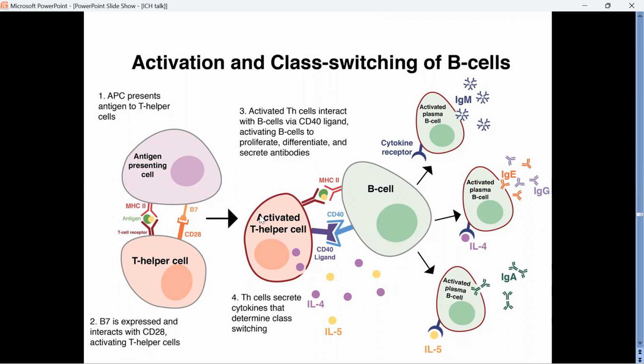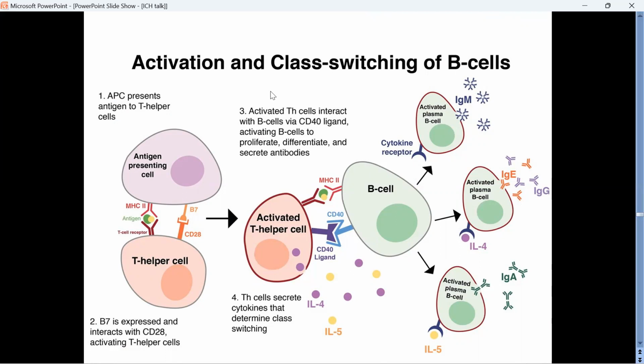The activated T helper cells will activate the B cells, which causes the B cells to differentiate into plasma cells to secrete immunoglobulins. If you don't have activated T cells, or there is a defect in the T cells, the B cells will not be activated and cannot differentiate into plasma cells to secrete immunoglobulins. So this is a disorder of B cell class switching.